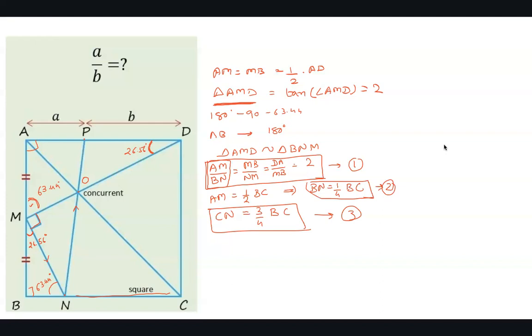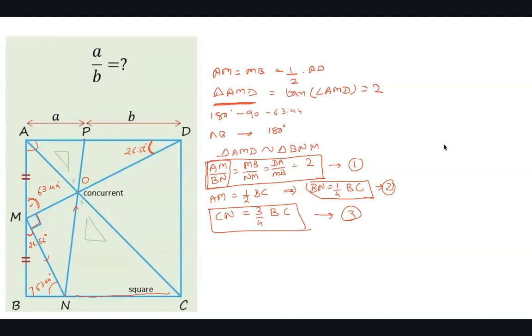So now I would draw your attention to these two triangles. Triangle APO and triangle ONC. Here, angle O in both the triangles would be the same. Why? Because they are vertically opposite angles.